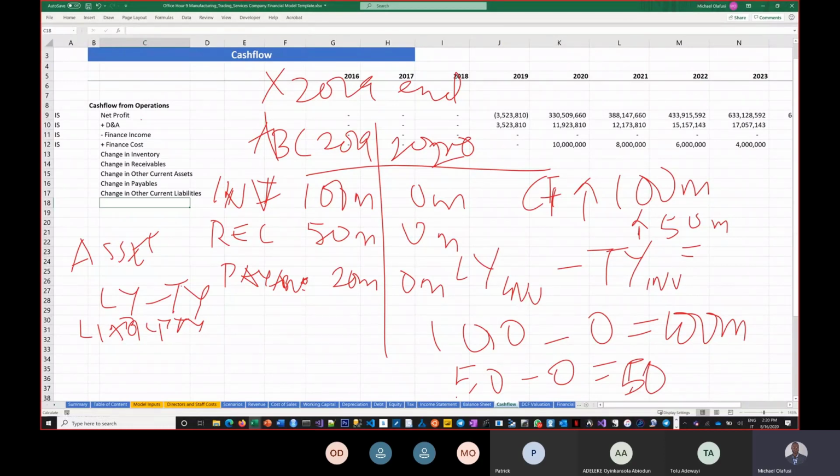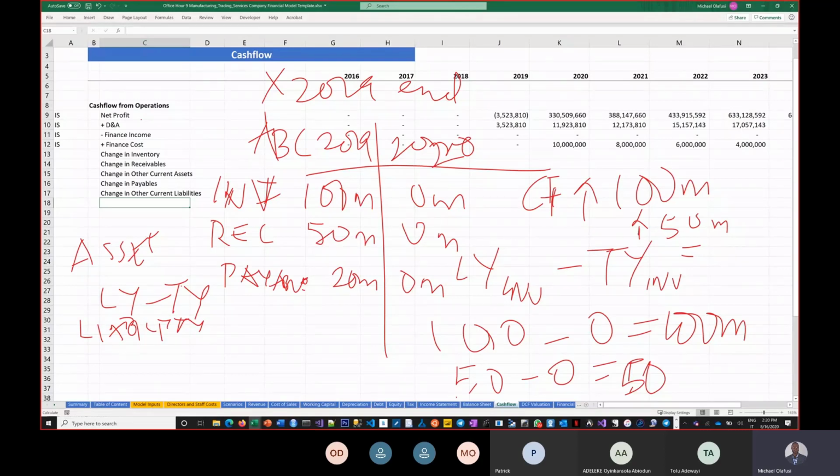So you find out that when payables or liabilities go down, the cash goes down. Similarly, if they go up, if at the end of last year I did not owe anybody, and then at the end of this year I'm owing people, that money that I'm supposed to pay them is still in my bank account.